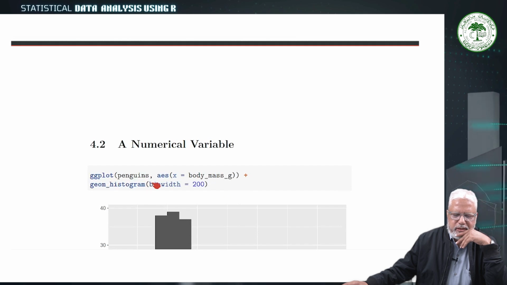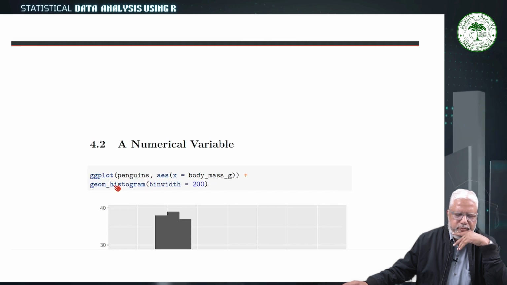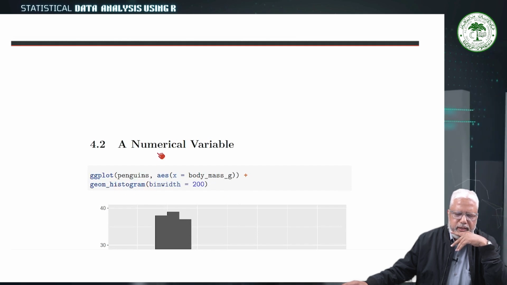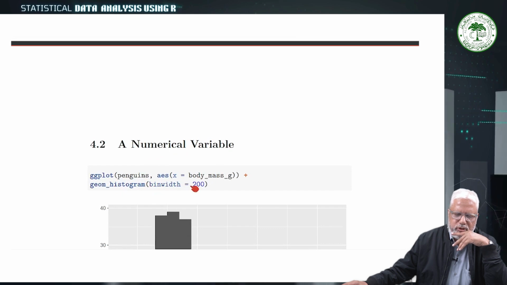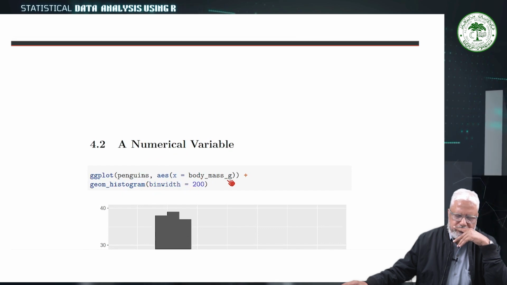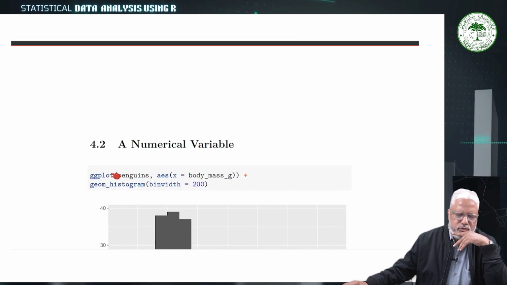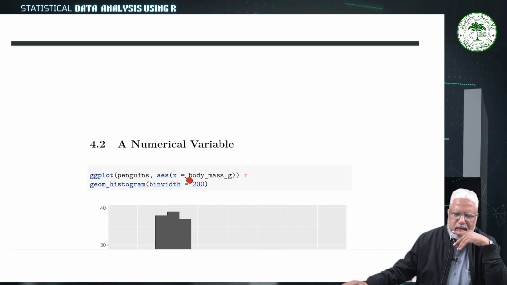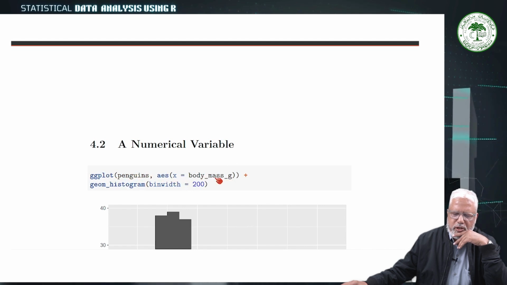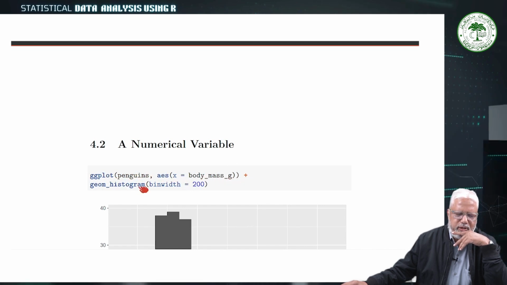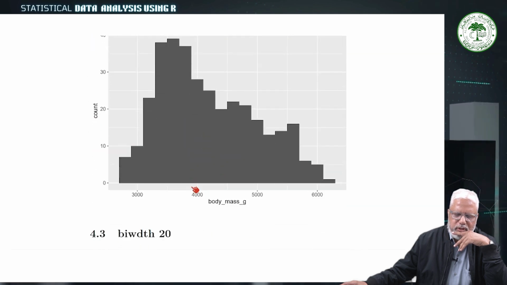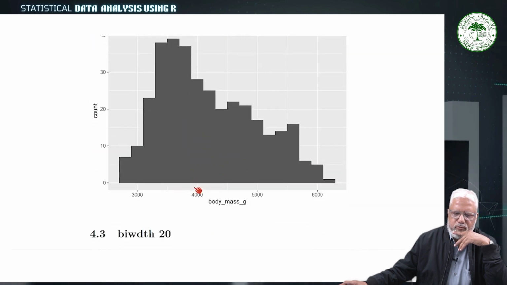But when we run this geom histogram, a numerical variable, here on the x axis it is body mass in gram. So, ggplot penguins aes x is equal to numerical variable body mass in gram plus geom histogram bin width is equal to 200. So, we are getting 200 bin width.